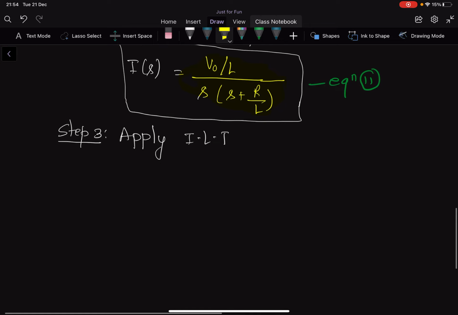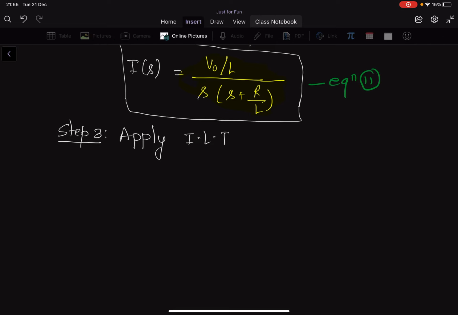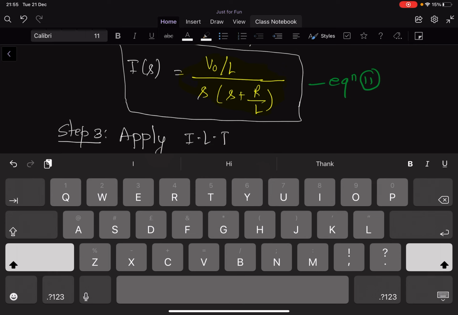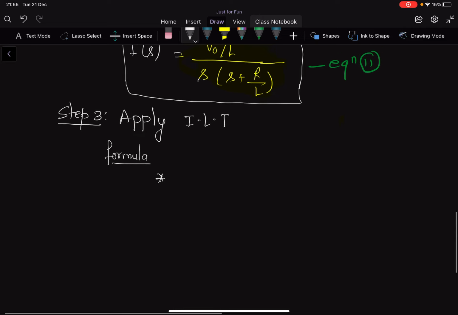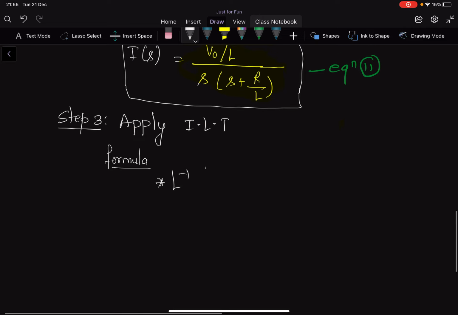But before we do that, let's write the formulas which I have to apply here to go back to the time domain. I'm going to use 2 different formulas here. The first inverse formula is the inverse of 1 over s plus a, which is going to be e to the power minus at.